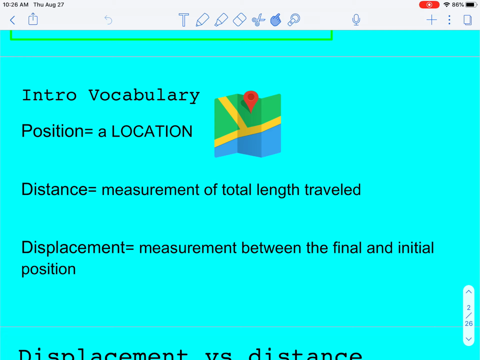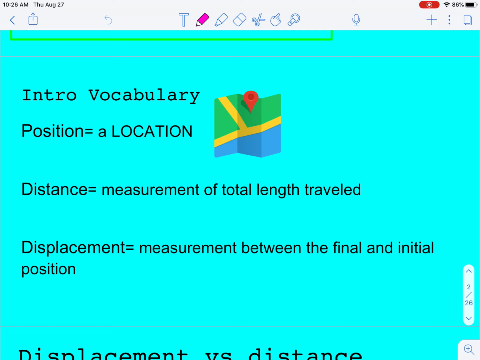We'll talk about positions. Positions refer to your specific location, not necessarily a distance. So a distance is a measurement between initial and final positions. Specifically, distance versus displacement. Distance is talking about a measurement of length traveled. This is a little more informal.